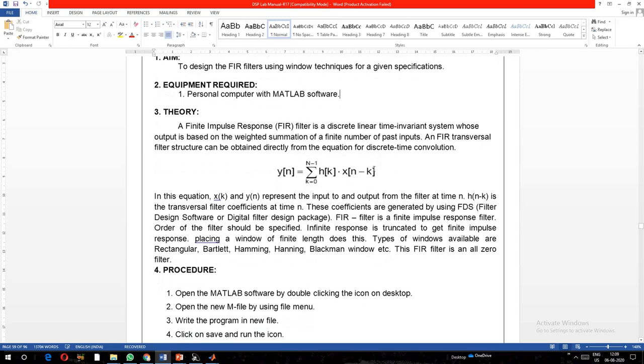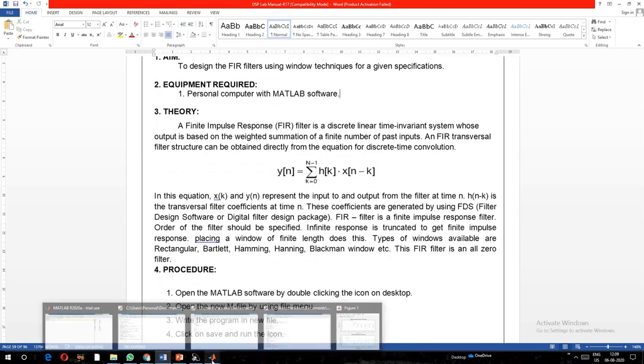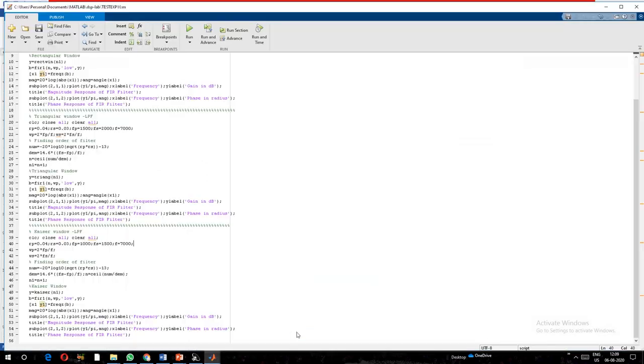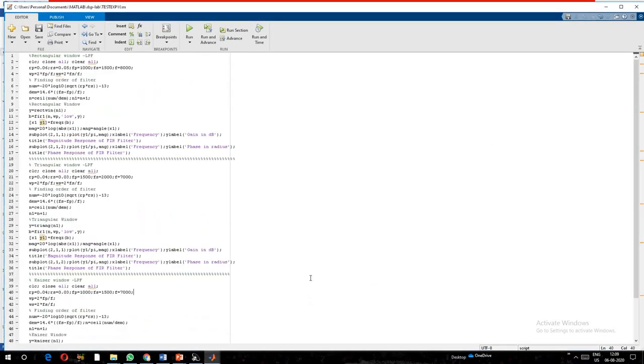So let us start the MATLAB program for these windowing techniques. We plan this experiment for three types of windows: rectangular window with low pass filter, triangular window with low pass filter, and Kaiser window. So these are the three windows considered.